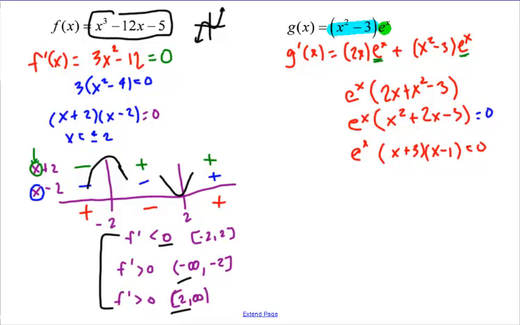And so on this you're going to have x equals negative 3 and 1. And if you set e to the x equal to 0, that doesn't happen. So e to the x here, this guy, he will never equal 0. So the number line that we're going to check is only going to have negative 3 and 1 on it.